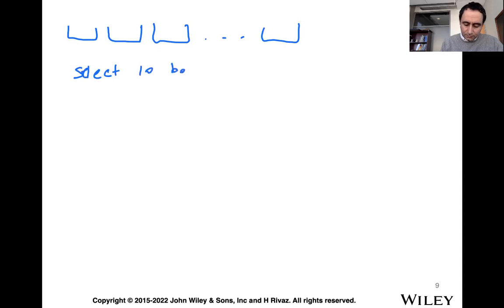You can think of the 10 trials as 10 balls, and then I want to basically select some of the 10 balls to put, for example, success inside them.